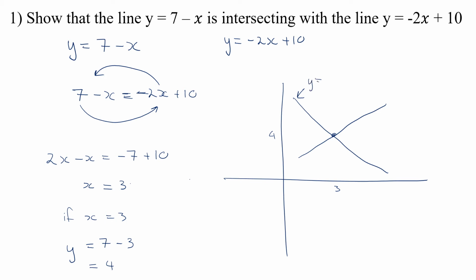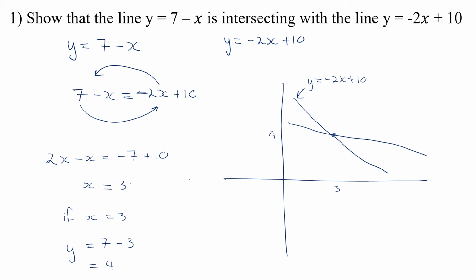I know that this line is equal to negative 2x plus 10. And this line here, because it's positive, I would have 7. No, actually both lines are negative. Both lines are negative. So this line would actually run something like this.